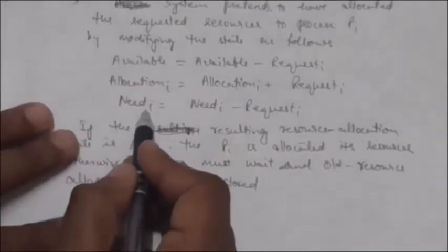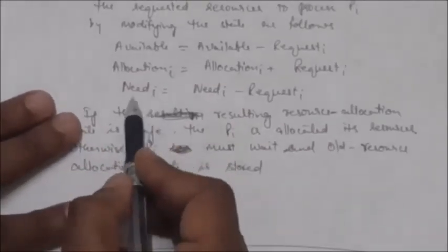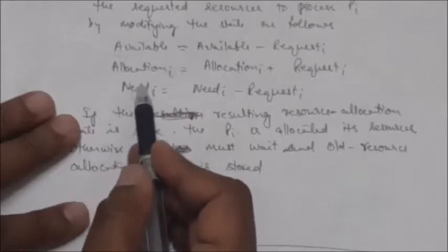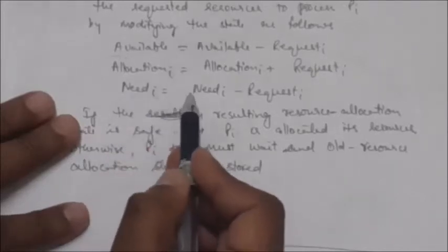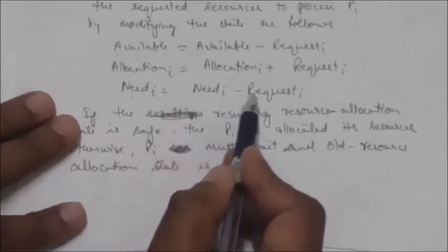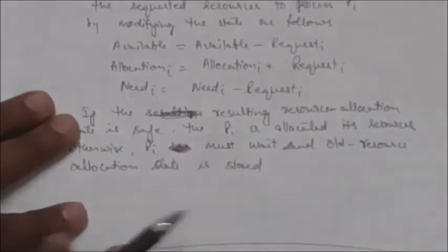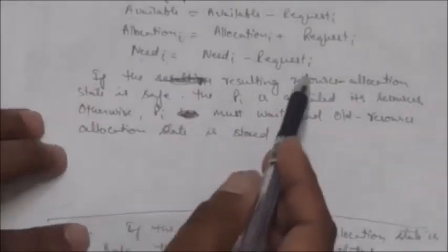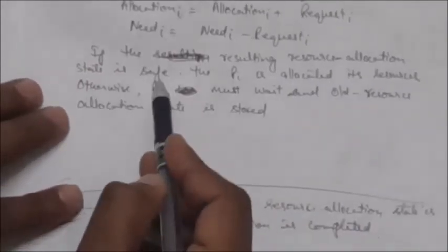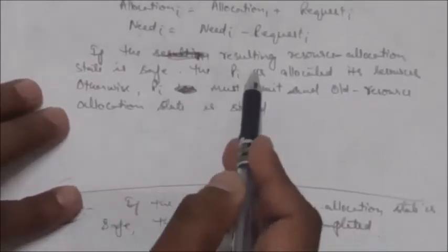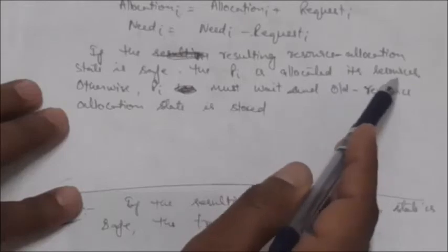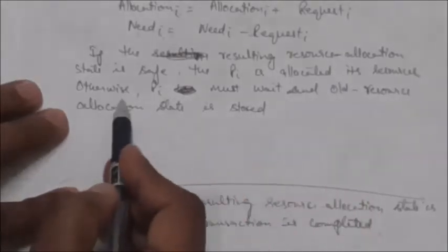Then from need I, the ith row of need matrix which specifies the need of process Pi, we will subtract the request I vector.